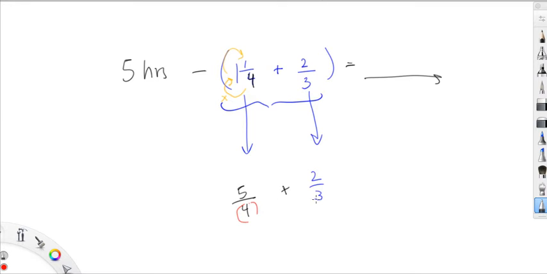We've got to make the denominators the same, so we're going to have to multiply that fraction by 3/3 coming from here, and we're going to multiply this fraction over here by 4/4 coming from this 4 over here, and what that does is it makes the denominators the same. 4 times 3, 3 times 4, so everything's going to be all over 12, isn't it?